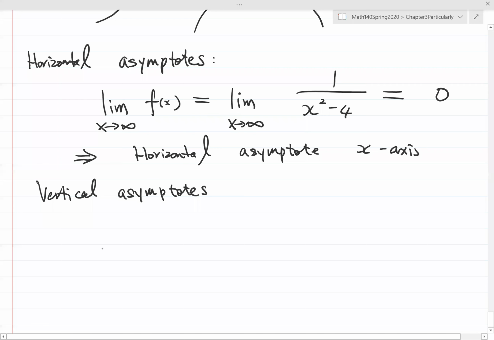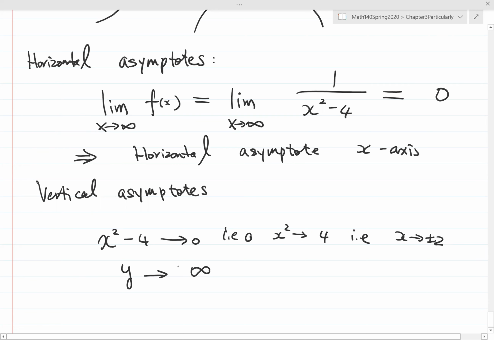So when x squared minus 4 approaches 0, i.e. x squared approaches 4, i.e. x approaches plus or minus 2, the y value approaches plus or minus infinity.